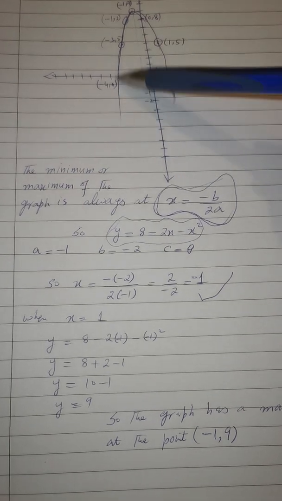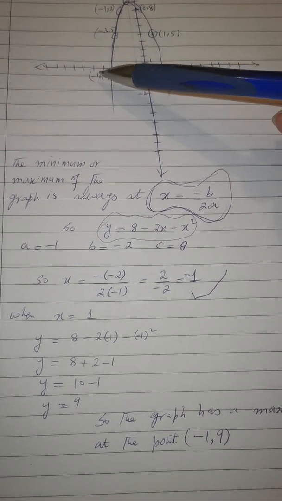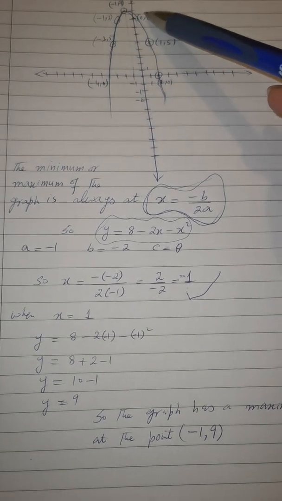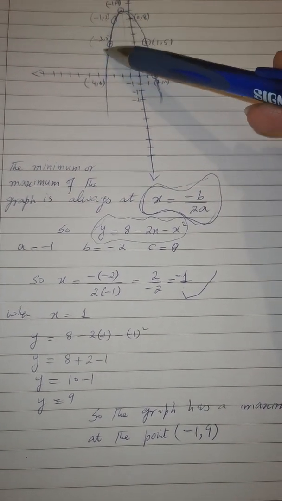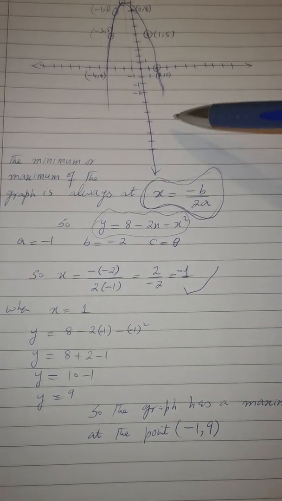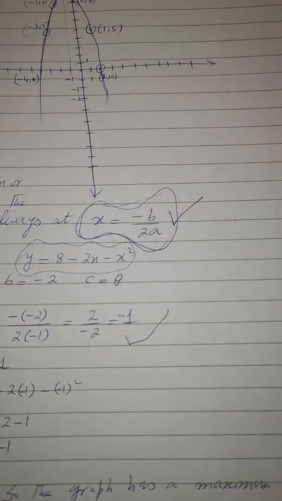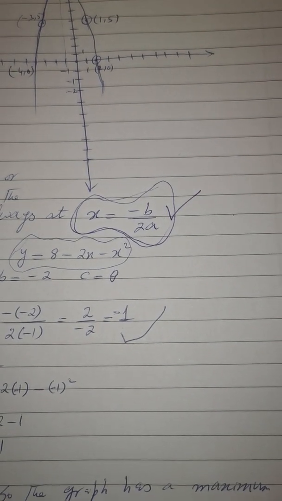So when we have an n-shaped, upside down graph, we have a maximum value here, right? And when we have a u-shaped graph, we have a minimum value. Both values are found by using the formula x is equal to minus b over 2a.